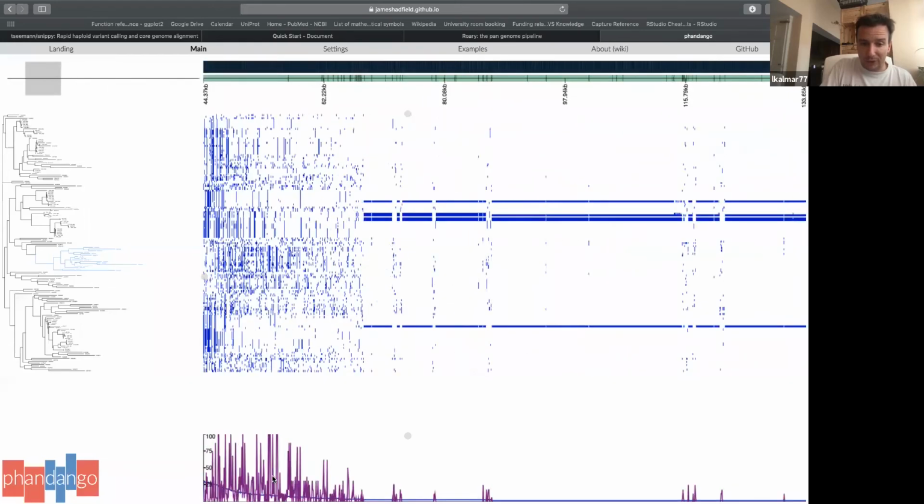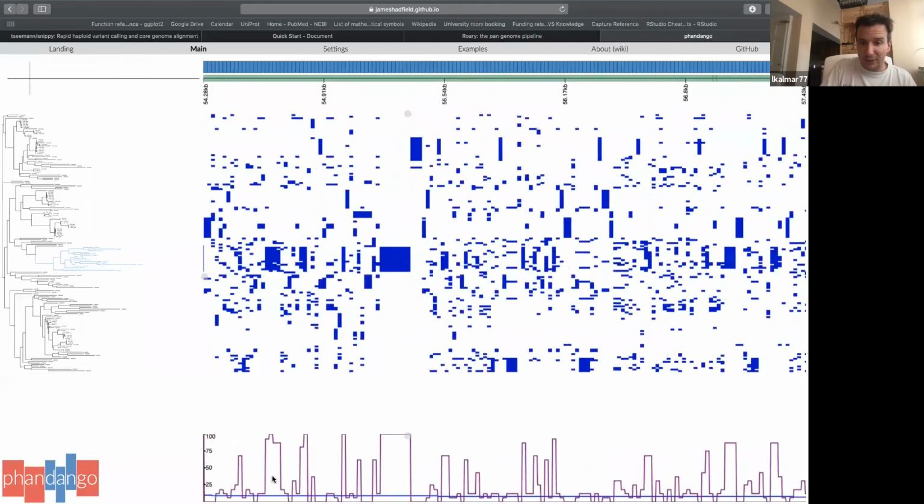And of course, you can zoom in like this. And if you are interested in what this block here is, as you can see, this block is only present in this one. So there are no other strains here. Then you can simply go up and look at the genes. Of course, you will again have a lot of hypothetical proteins, but it's okay.